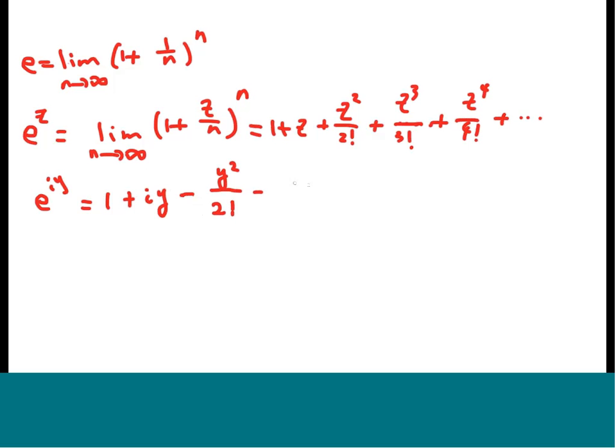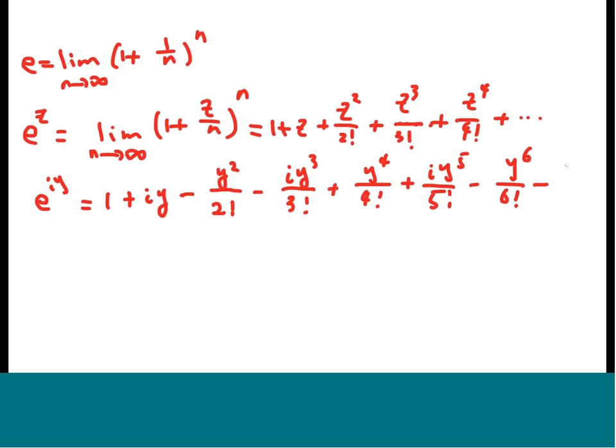Actually, it's going to be minus again: minus i y cubed over 3 factorial. And 4 gets 1 again: y to the 4 over 4 factorial. The 5 gets i y to the 5 over 5 factorial. Then 6, 7 again is negative y to the 6 over 6 factorial, minus i y to the 7 over 7 factorial, blah blah blah. So keep going.